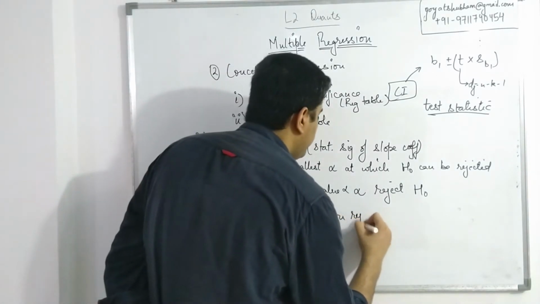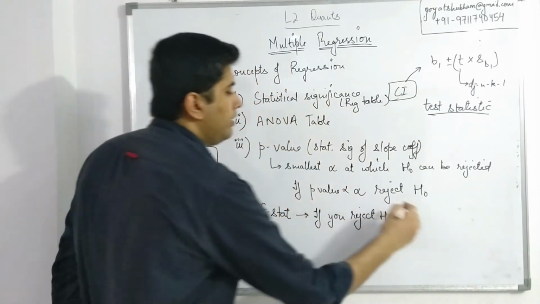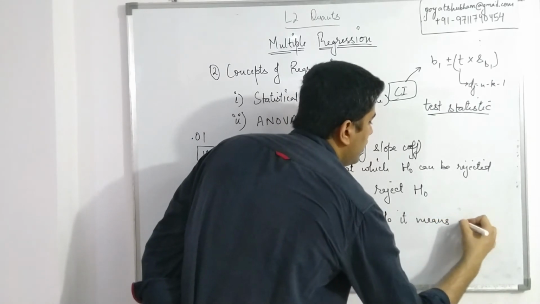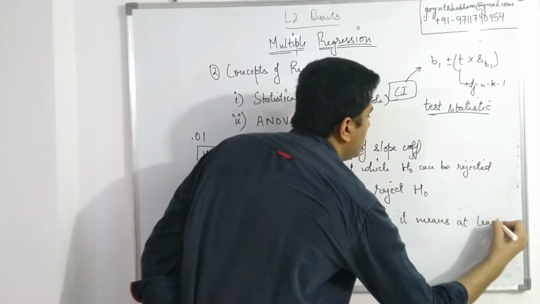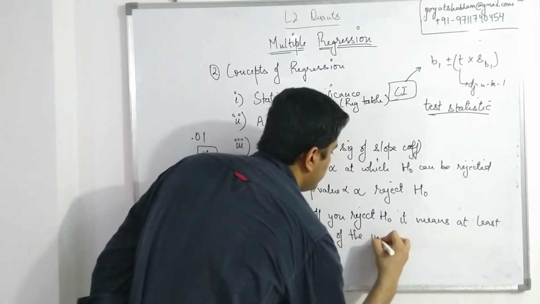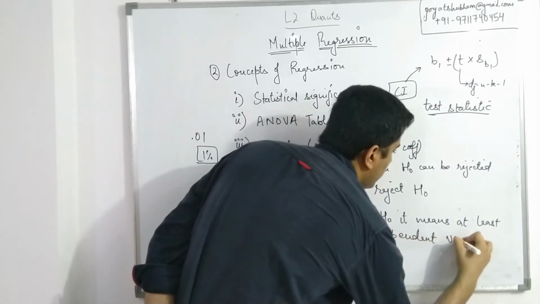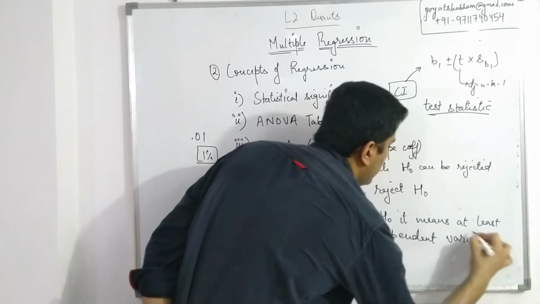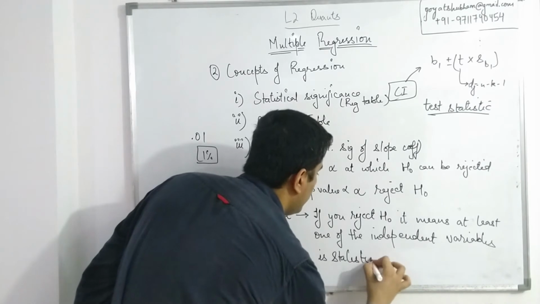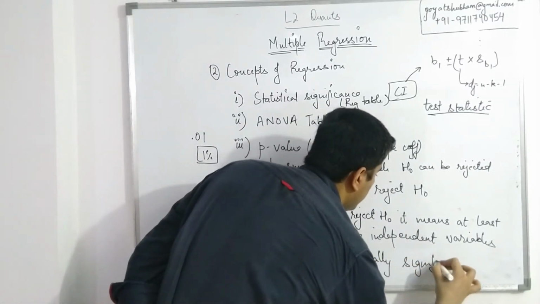So if you reject the null hypothesis in case of f-stat, it means at least one of the independent variables is statistically significant.